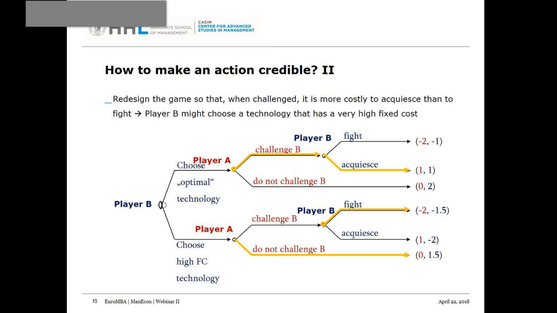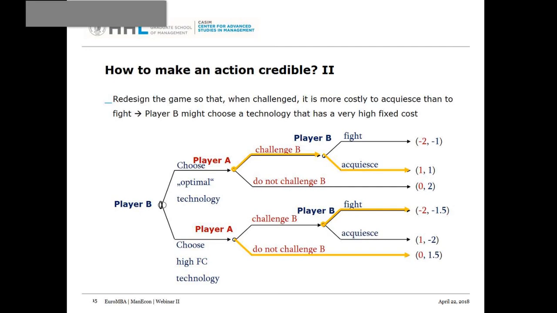Actually, this one says you can get the same result. You can create an entry barrier by changing your own technology, so taking an action. So you decide to do something that is worse for you, because the high fixed cost technology might be bad for you, but after all, this is the optimal strategy because this brings you a better outcome on the market. So this is why the word optimal was in quotation marks in the upper part of the tree.